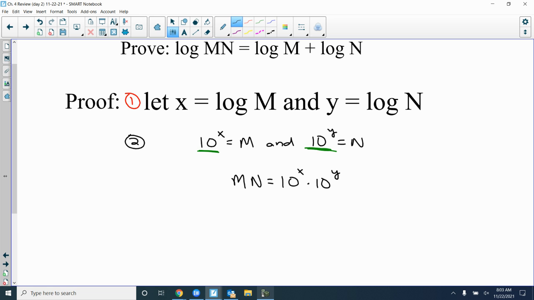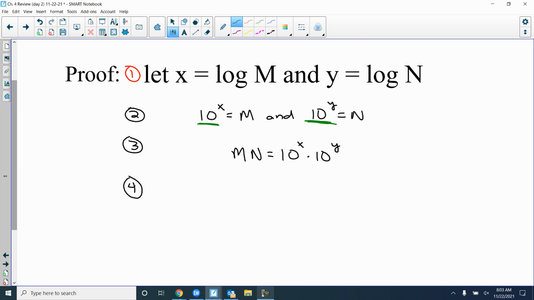Now you have to be real clear here when you use this property: when you take 10 to the x times 10 to the y, you add the powers together. So it will become 10 to the x plus y. Got it? 10 to the x plus y.